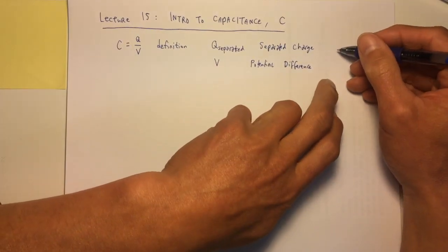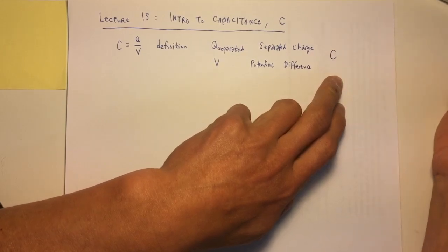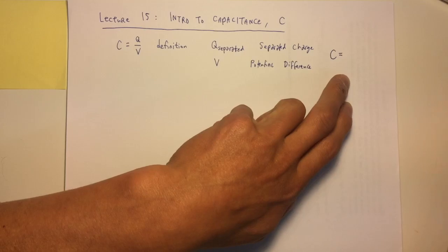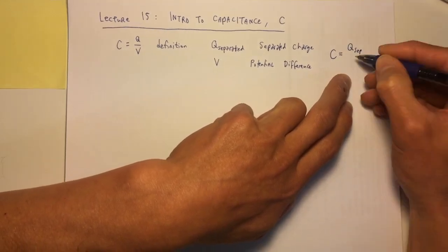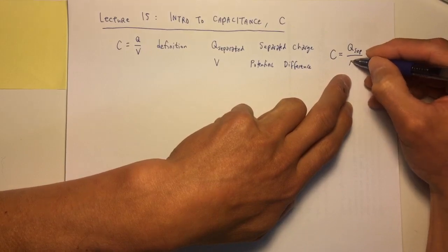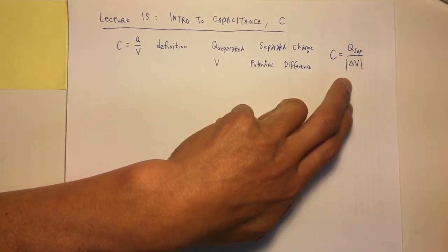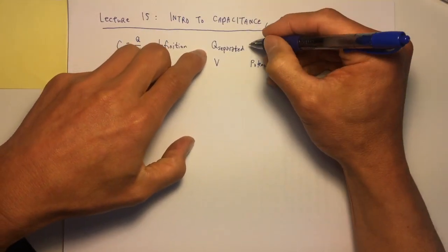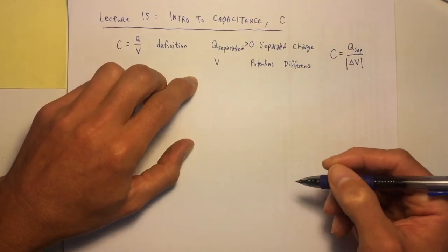I think a better way to do this is to say that the way you can calculate or define capacitance, it's equal to the charge separated divided by the potential difference, but only the magnitude of it. And the separated charge, we're always going to count the positive version of it.